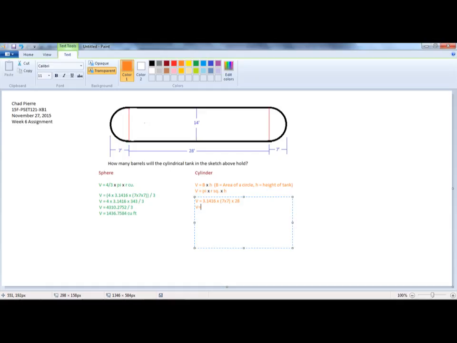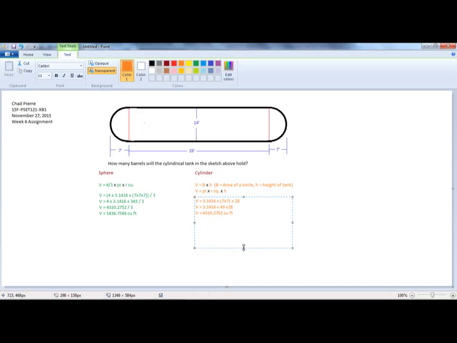Now let's do the math: 3.1416 times 49, which is 7 times 7, times 28. Using a calculator, it's 4,310.2752. Hey, we saw that number before. It's over here, but that's not the number for our sphere because we divided by 3. This is the total volume of our cylinder, in cubic feet.